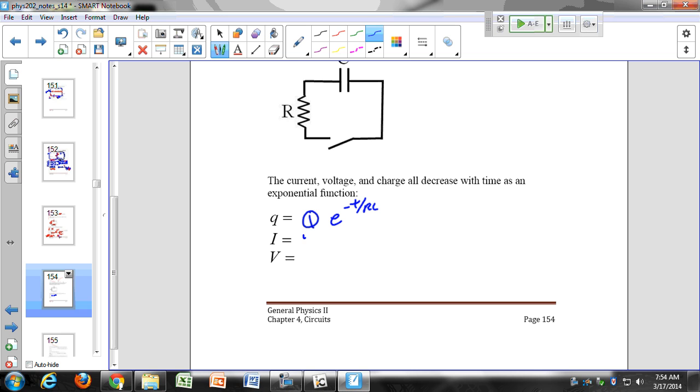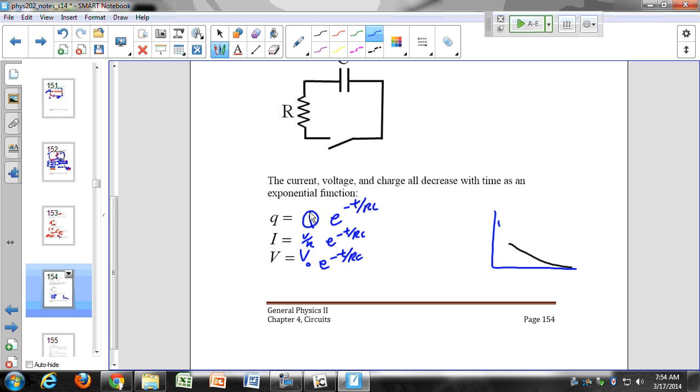Our current is equal to V over R, that's our maximum current, times e to the minus t over RC. And our voltage is just going to be our maximum voltage times e to the minus t over RC. There's a function on the next page. I'm going to draw it here, but these functions all look the same.